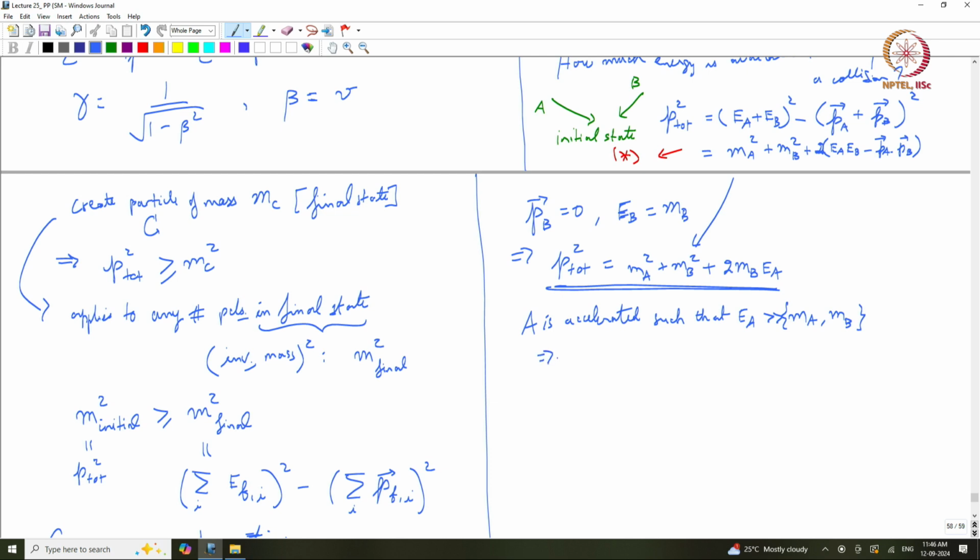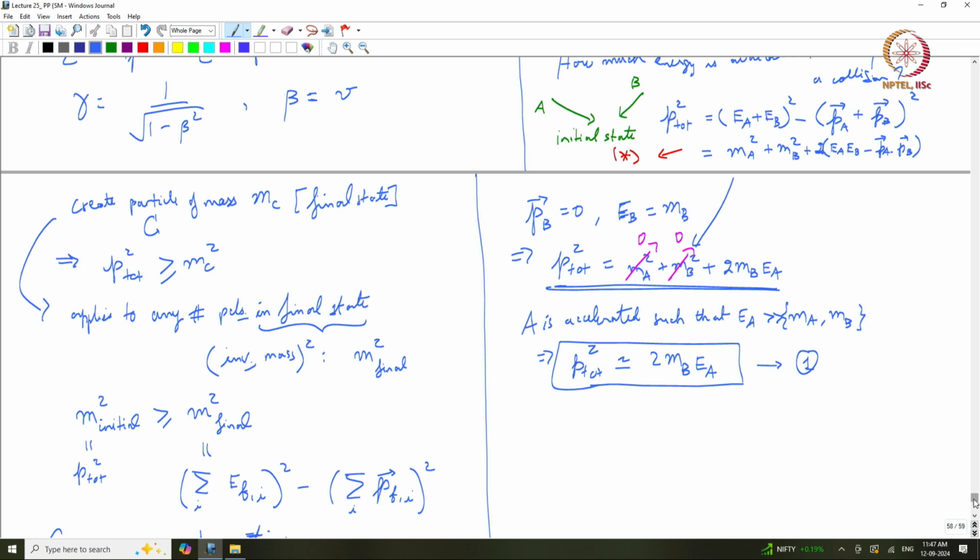So, that would imply I can neglect the first two terms, right. So, that I can write P square total as just MB times EA. Okay. So, let us keep this in mind. Okay, that is for fixed target. So, let me call that equation 1.